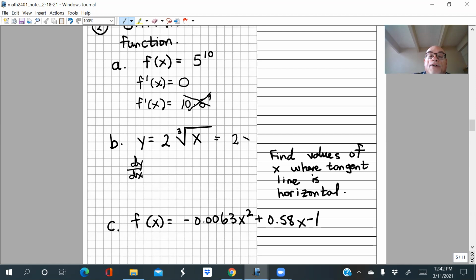But the cube root of x is the same as x to what power? 1/3. Yeah, it's 1/3. Cube root is 1/3 power. This is what you want to do first before you start trying to find the rate of change. Take the cube root and write it as a power, because then you have a power of x, and now you can use the power rule to find the rate of change.